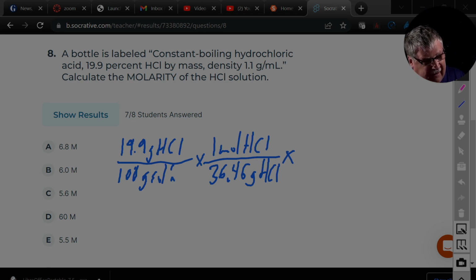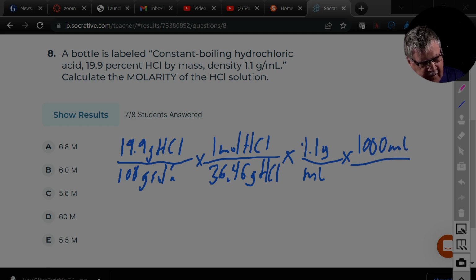But for molarity, we want moles of HCl per liter of solution. So what we're going to do is multiply this by the density, and then multiply by 1,000. That's going to give us moles per liter.